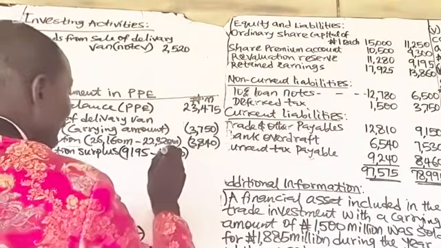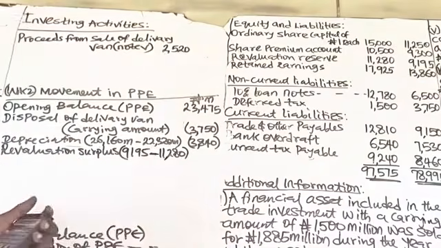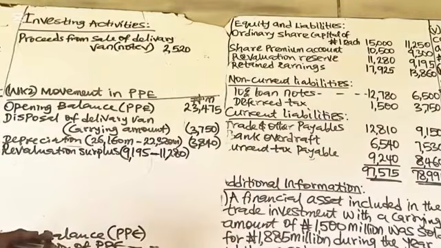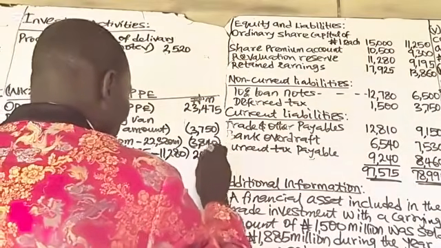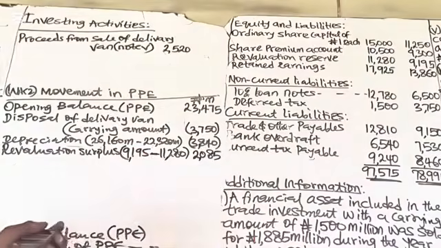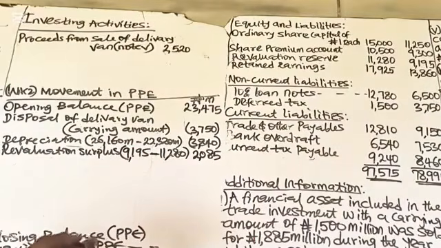So you have an increase in revaluation during the year. 11,280 minus 9,195. You have an increase in revaluation of 2,085. That is revaluation that occurred during the period. 2,085 plus 23,475 minus 3,750 minus 3,840.